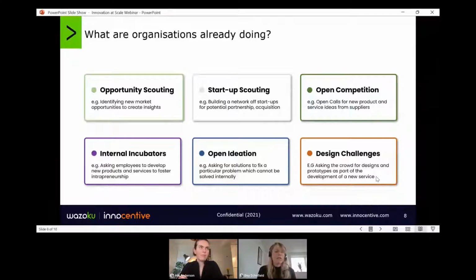So again, it's not necessarily right at the front end that we need to think about that process, but engaging different crowds and different expertise at different points in the process to make that as effective as possible, both capability-wise and capacity-wise.